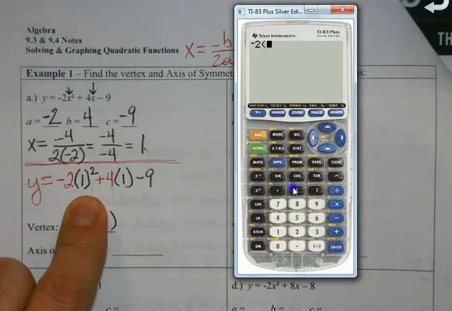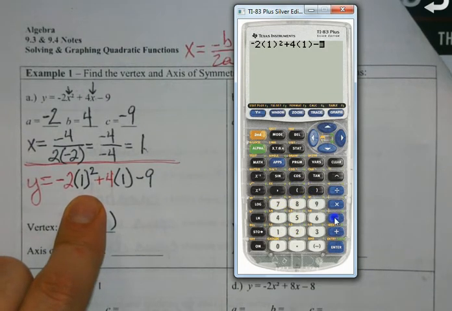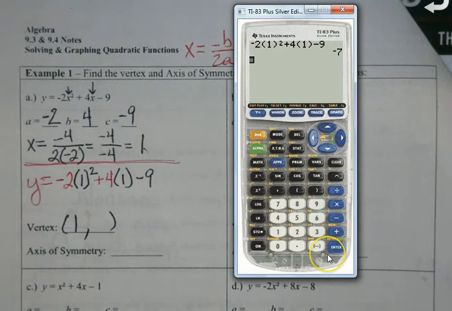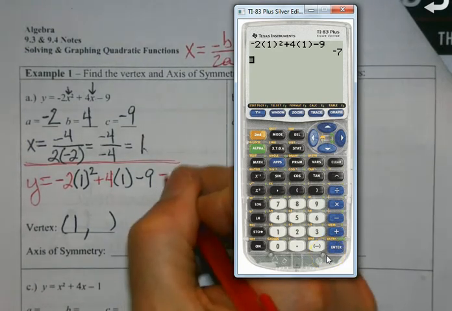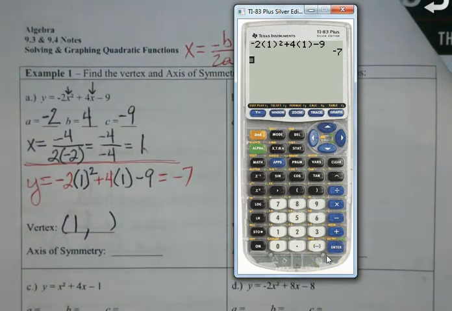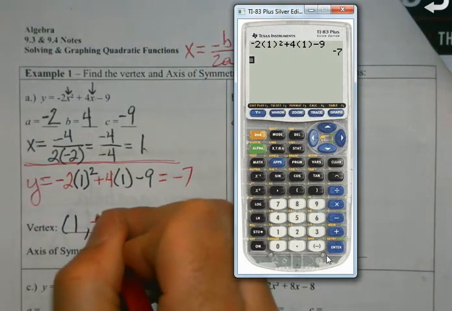So negative 2, my 1 in parentheses, and my squared button's over here to the left, kind of in the middle. I know it says x squared, but it doesn't put an x, it just does the squared. And if you can do this in your head, that's fine. I just like this because it'll take care of everything for me. So that equals negative 7, which would be the y value of my vertex.